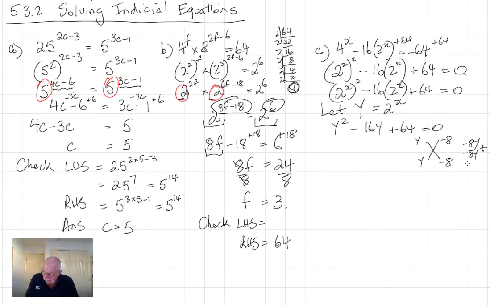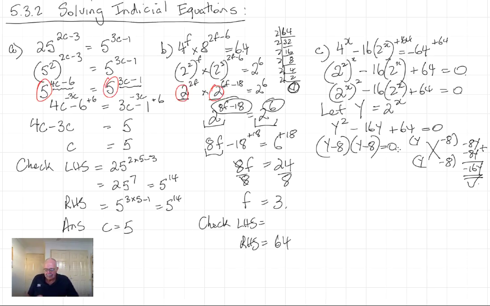You always add these two together, and you're hoping you're going to get the middle term up here. So minus 8y plus minus 8y is minus 16y. So yes, we get minus 16y, so that is the correct factorisation. So we get y minus 8 times y minus 8 equals 0.